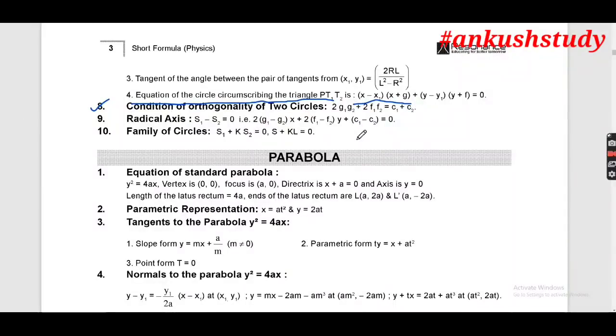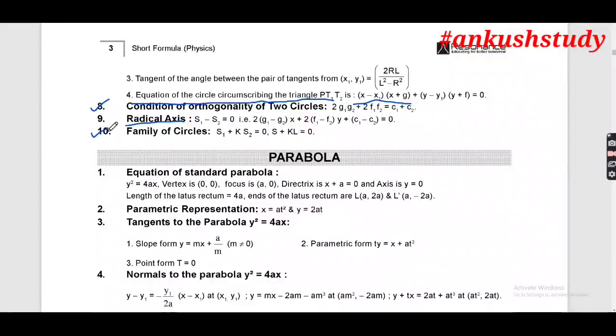2g1g2 + 2f1f2 = c1 + c2, and the radical axis formula is S1 − S2 = 0, that is 2(g1 − g2)x + 2(f1 − f2)y + c1 − c2 = 0.